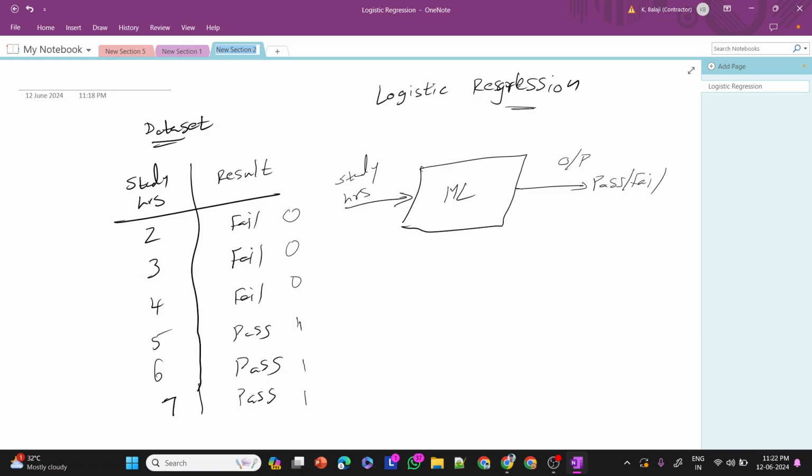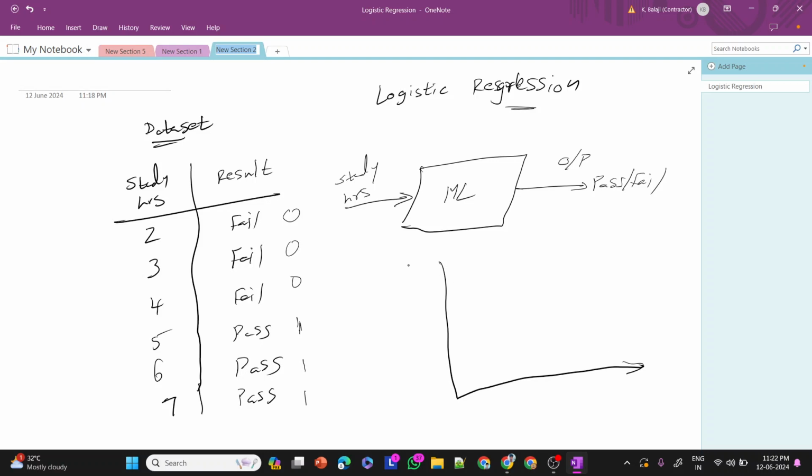Then this output is in the form of zeros and ones, so we can use this data in a regression form. Let's plot this data in a chart.